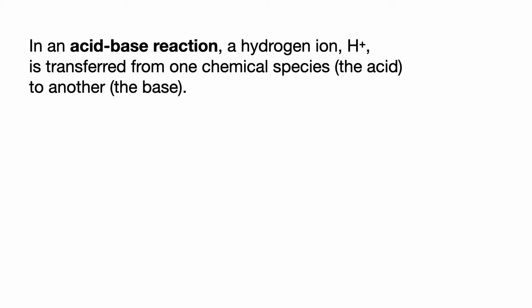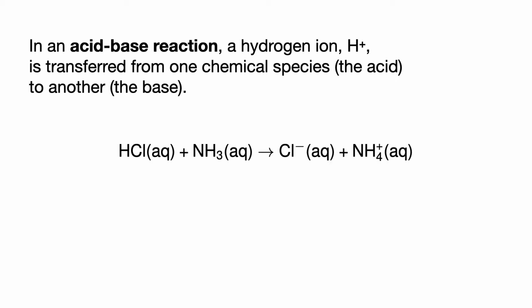An example of this is HCl, hydrochloric acid, plus ammonia, reacting to form chloride ion and ammonium ion. What's happening in this reaction is HCl, which is a molecule, hydrogen chloride, reacts with ammonia.